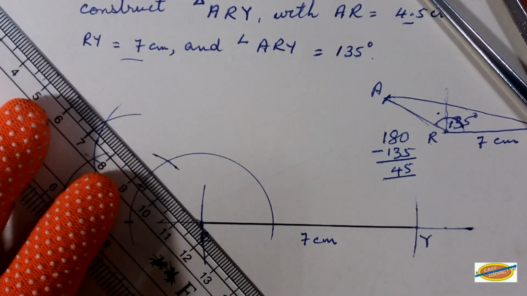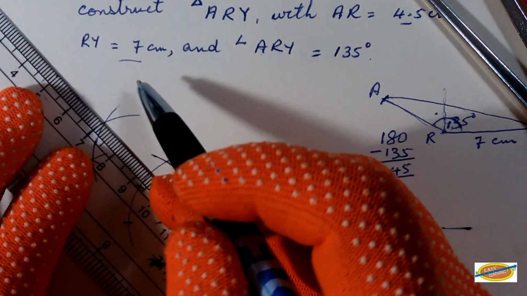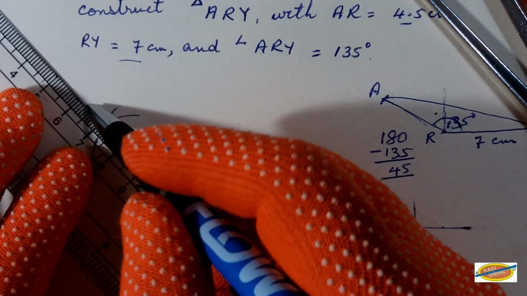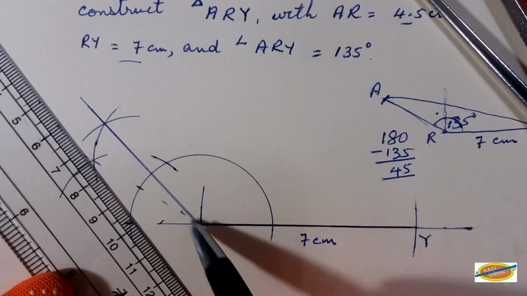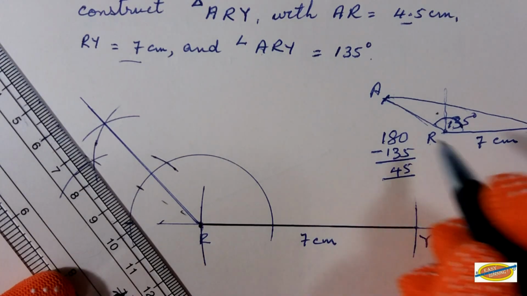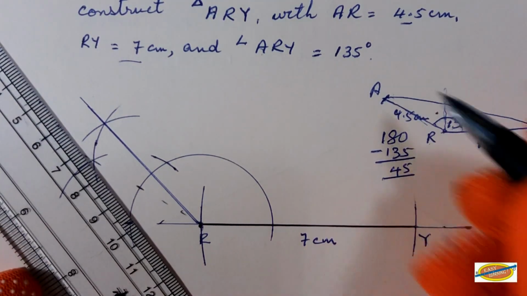We will draw a construction line here, which is a very thin line. But we know the length of this line, which is 4.5 centimeters.